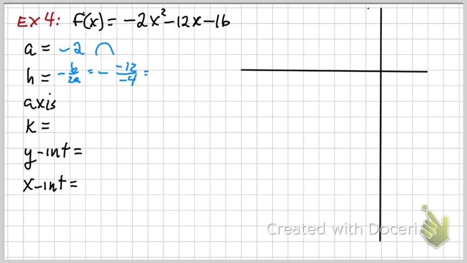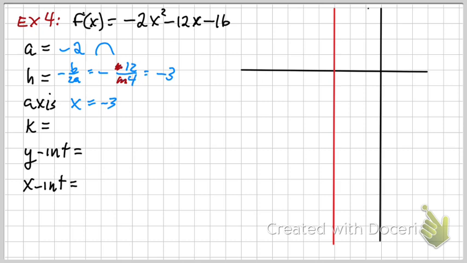So I've got these negatives cancel. So 12 over 4 is 3, so I've got negative 3 is h. That's also my axis. There it is.